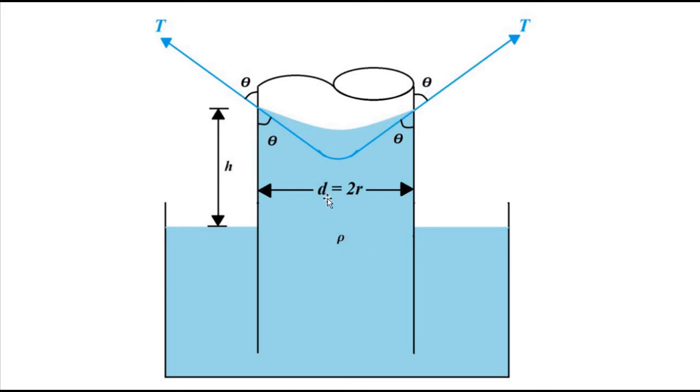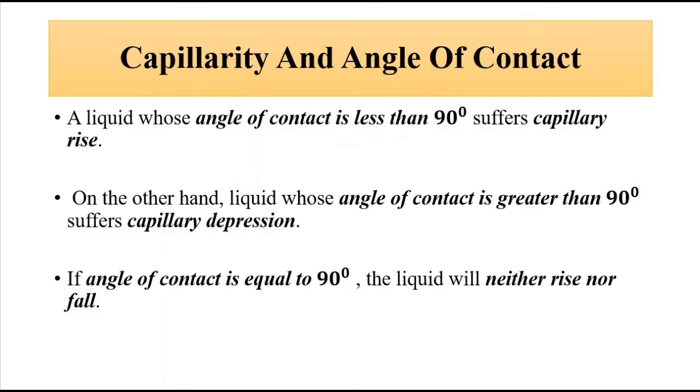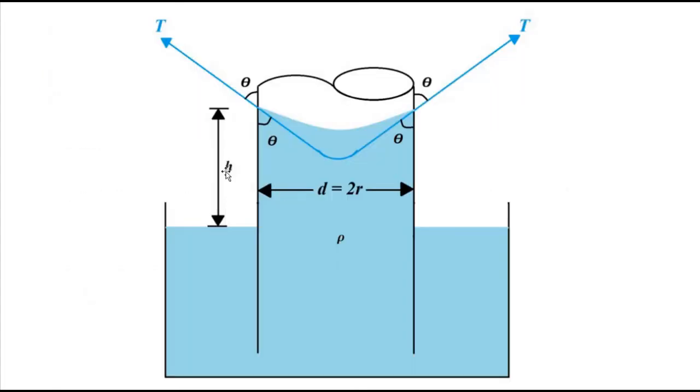Okay, and the angle of contact, which is in this case acute, is between the tangent drawn to the concave meniscus and the interface of liquid and solid. Here for acute angle of contact, there is a capillary rise of height h above the normal level. Okay, this is the normal level, and there is a rise of liquid in the tube which is h above the normal level of liquid.